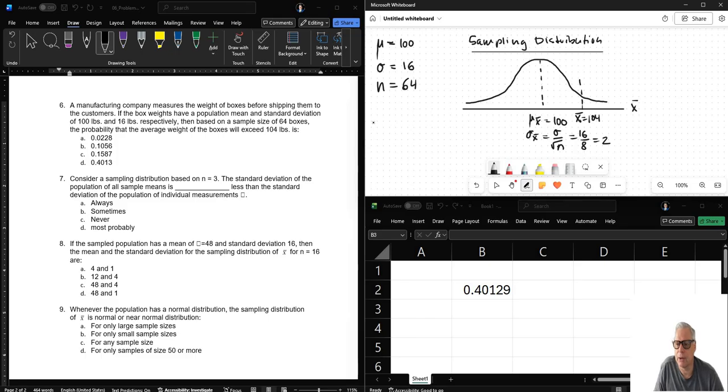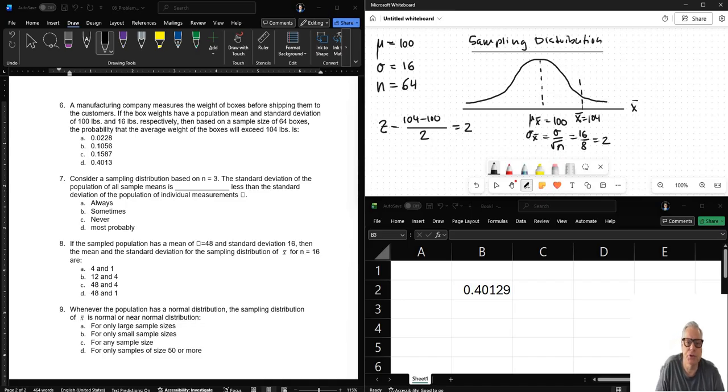So now we calculate the Z-score, and the Z-score is 104 minus 100 over the standard error, which is 2. So now we get 2. So that means that a 104 average from the population average of 100 is 2 standard deviations above the mean.